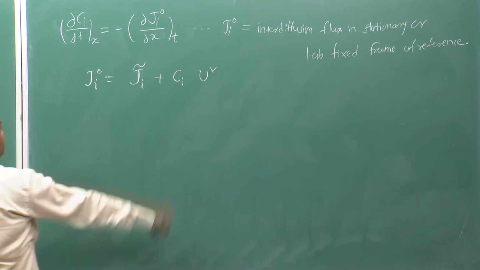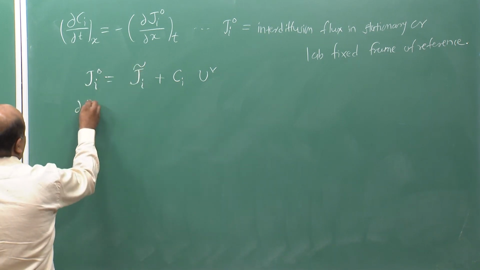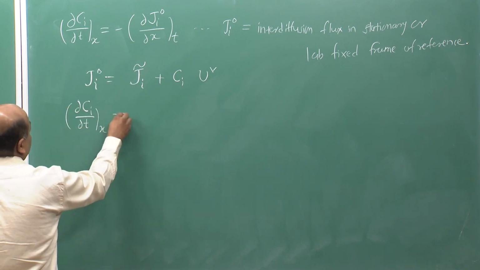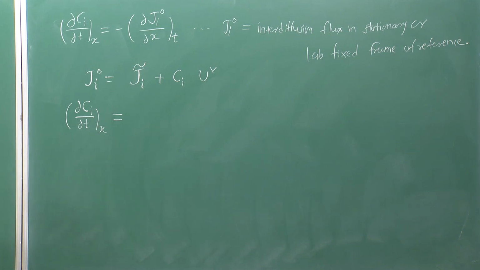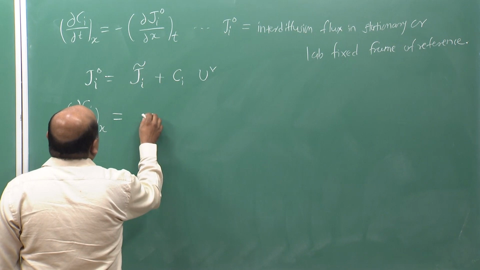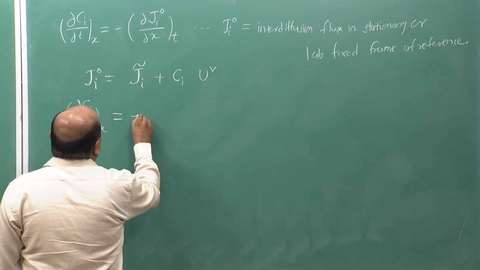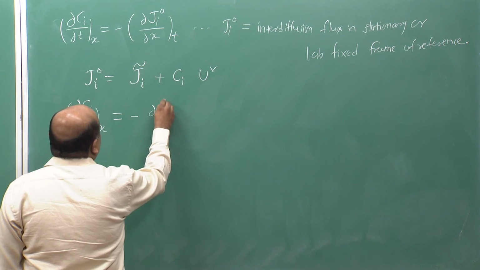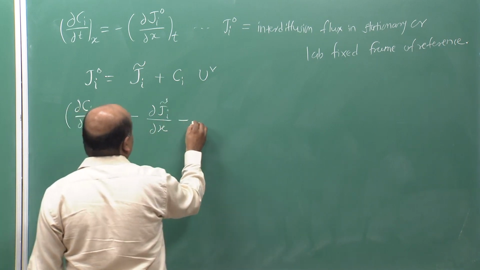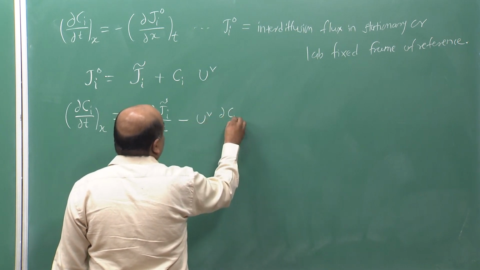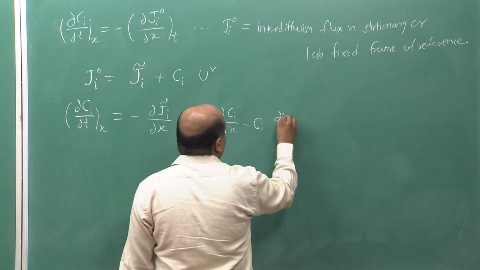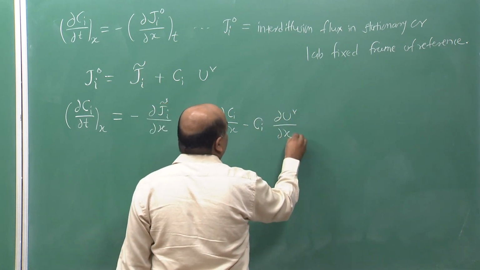So, when I substitute here, original equation becomes dou Ci by dou t at x should be equal to minus dou Ji tilde by dou x minus uv times dou Ci by dou x minus Ci times dou uv by dou x.